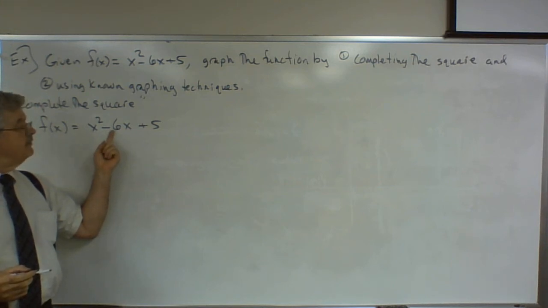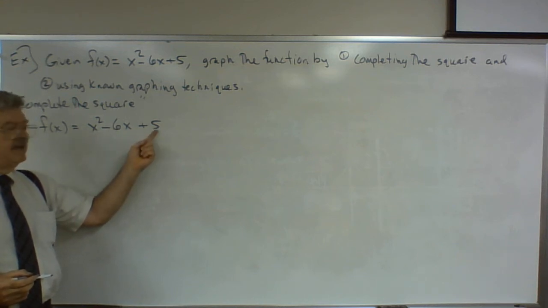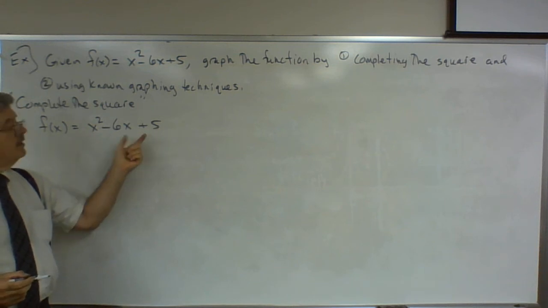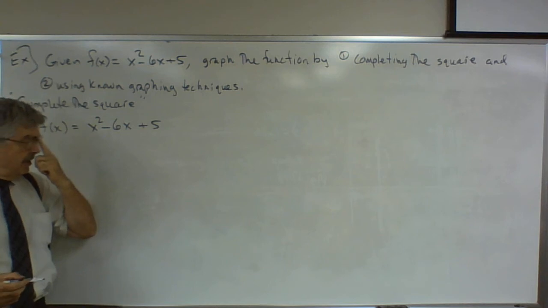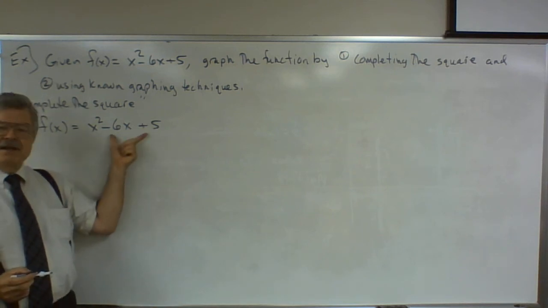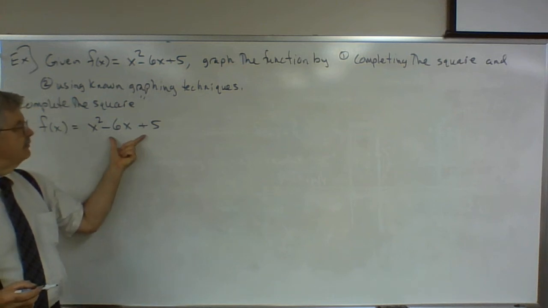The coefficient of x is -6. If we take half of that, we get -3. And when we square it, we get 9. Oops, that's not what this is. So this is not in the form of a perfect square. We're going to use completing the square technique to get this in the form of a perfect square.